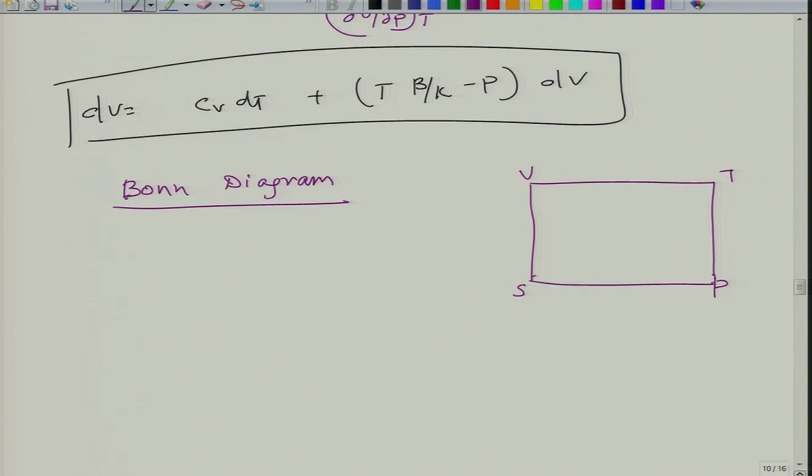Then you draw two lines, one going from S to T and the other going from P to V, and these are the independent variables. Appropriate thermodynamic functions can now be added. H is for S and P, and if you look at T and P, this has to be G. If it is V and T, then this is A. If it is V and S, it is nothing but U.